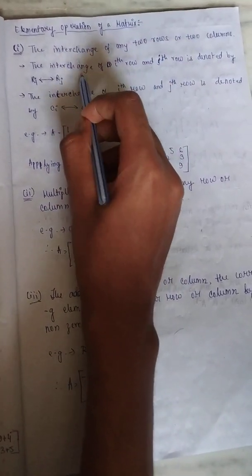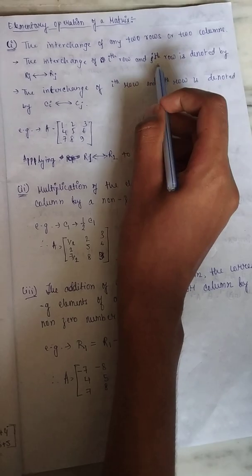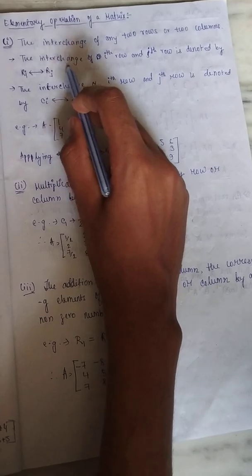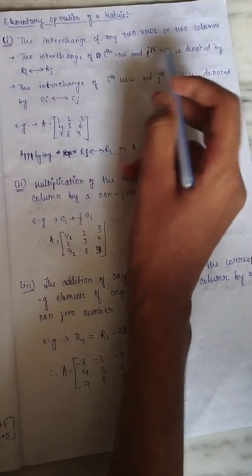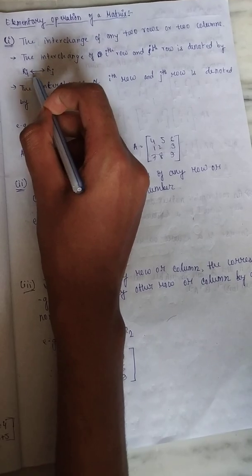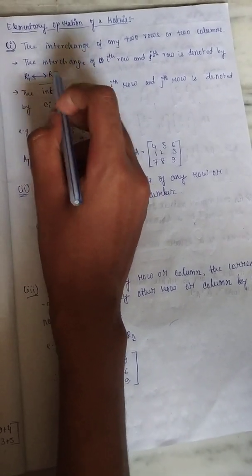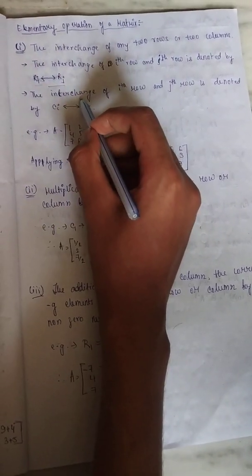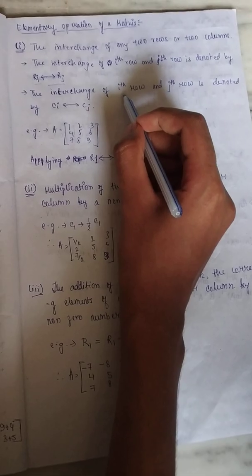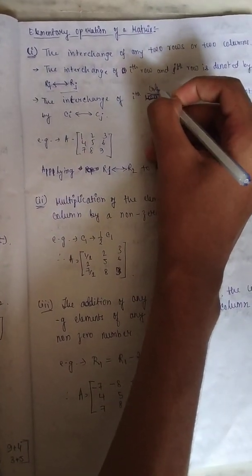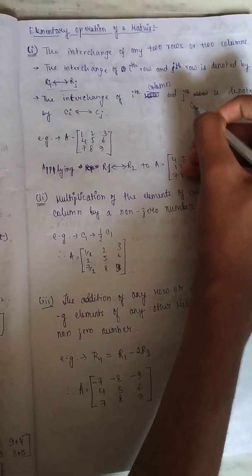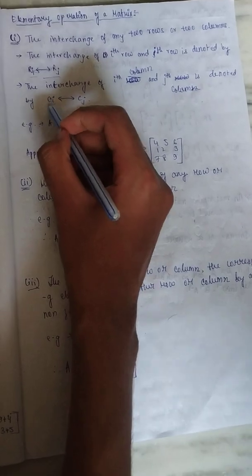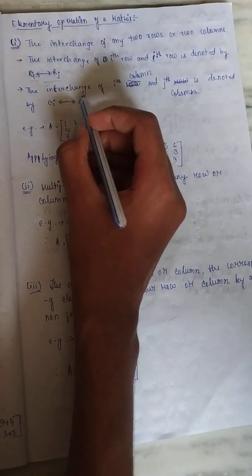We can interchange the ith row and jth row of any matrix with this operation, and we write Ri double arrow Rj. R signifies row. For columns, we write Ci double arrow Cj.